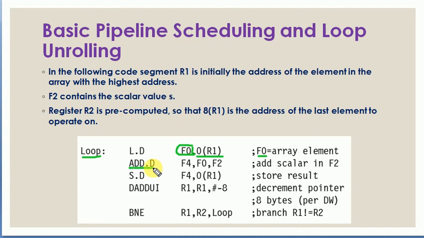Then a floating point add happens with this array element and F2. F2 is a scalar. So the array element is taken from the address into register F0, F0 is added with the scalar, and the result is stored into the same address 0.